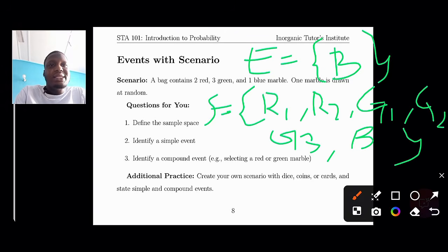If you say selecting a red marble, you will end up getting a compound event. Red has two outcomes, and each of the two marbles satisfies the condition of selecting a red marble. So red and green can't give us a simple event because they have more than one element.